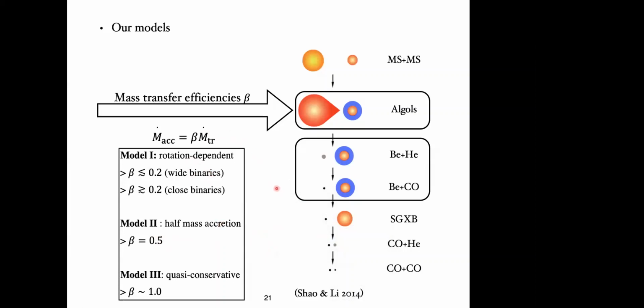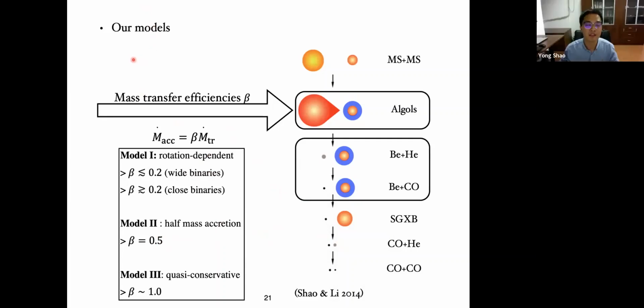Okay, I'll talk about our models. I focus on the mass transfer efficiency for the mass transferring phase, and we have built 3 different mass transfer models. In model 2, we assumed that the mass transfer efficiency is 50%, so half of the transferred mass will be accreted by the accretor.